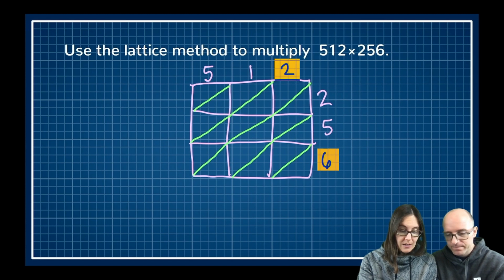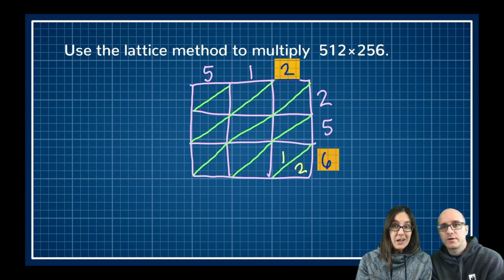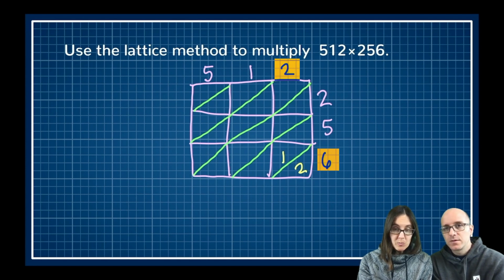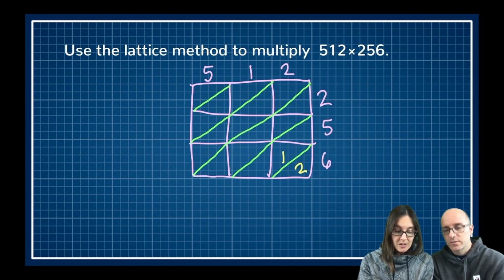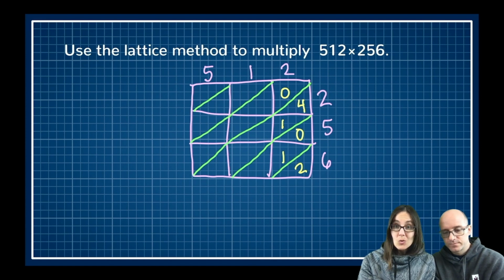I get 12. 6 times 2 is 12. I always put the tens digit up there and the ones digit down there. 5 times 2 is 10. 2 times 2 is 4. And now we are on to the next row.